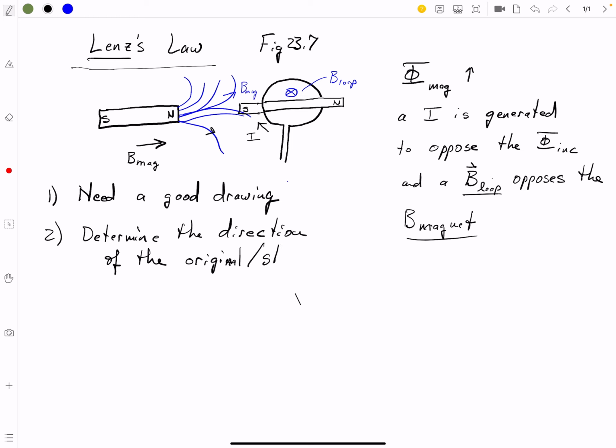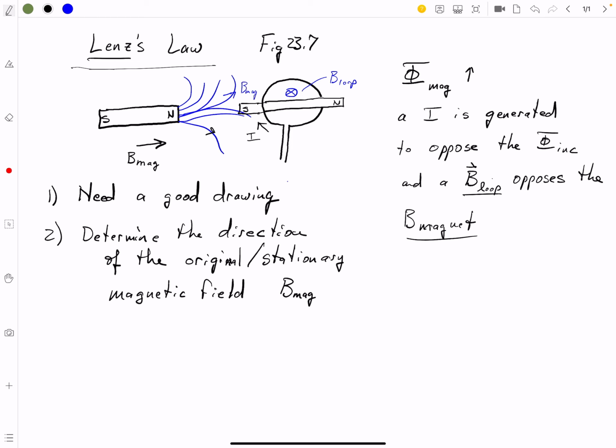And give it a name. Name that thing. So in our case, we're naming it B magnet. Okay?